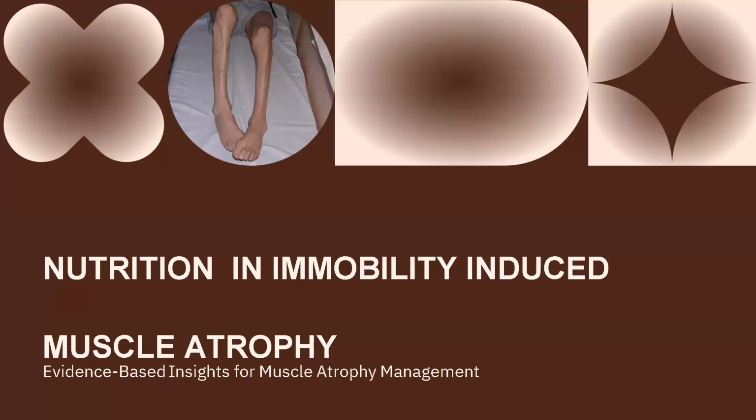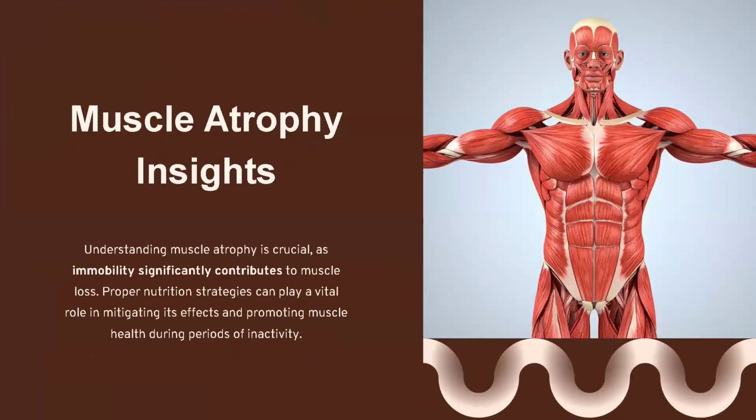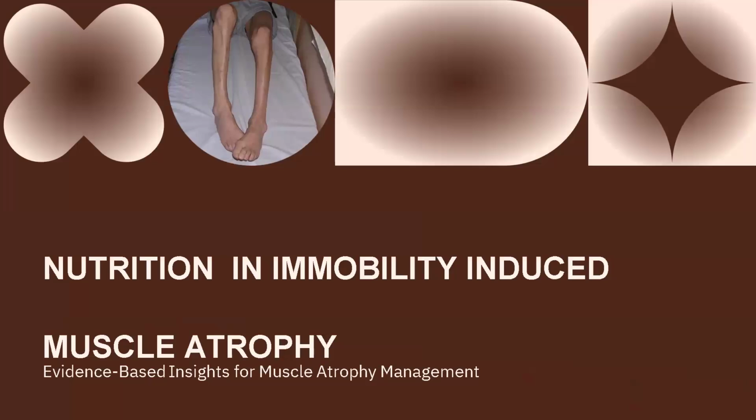Systemic clinical manifestations include bone demineralization, cardiovascular deconditioning, insulin resistance, increased risk of pressure ulcers, and deep vein thrombosis, which reduces independence, especially in the elderly.